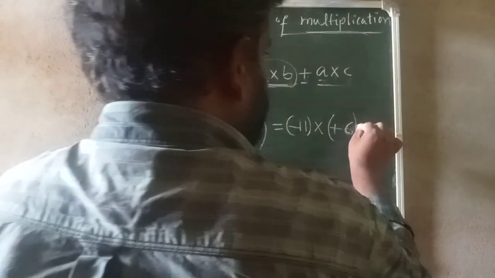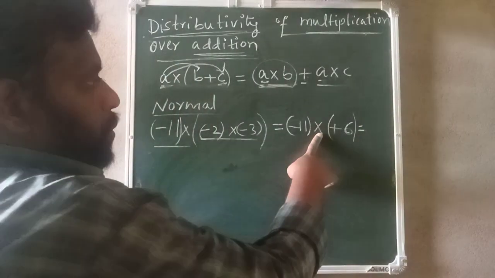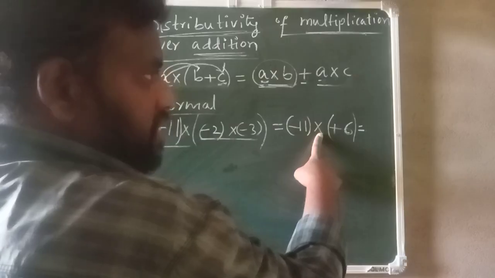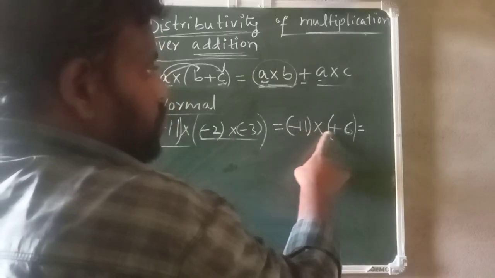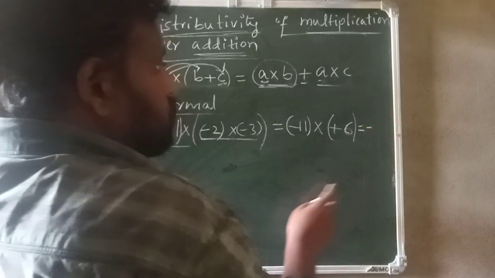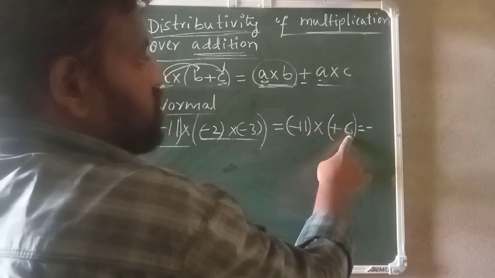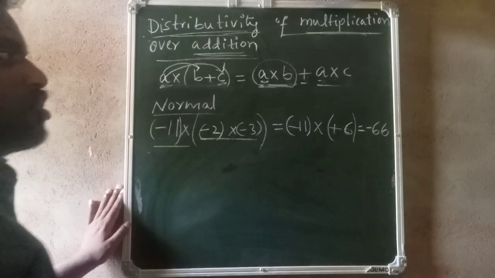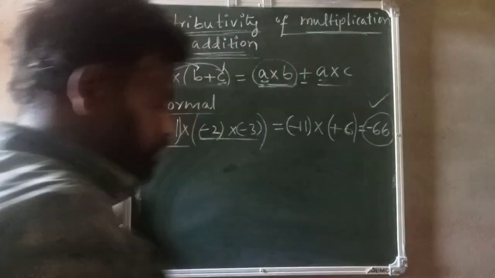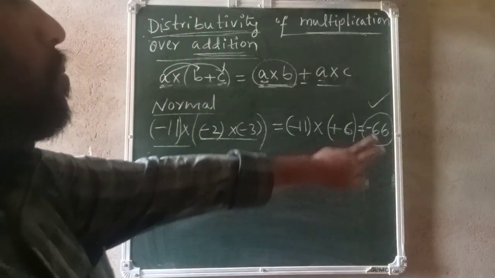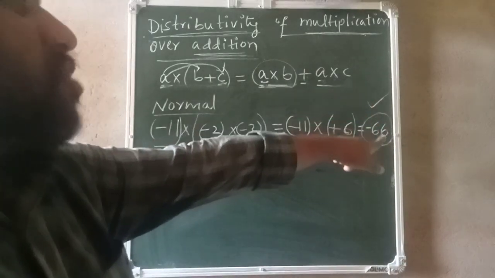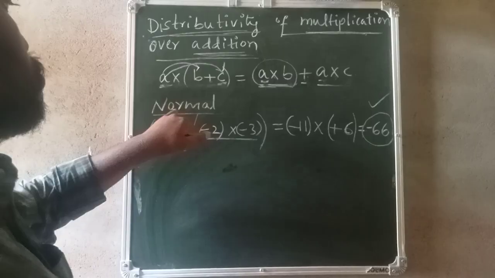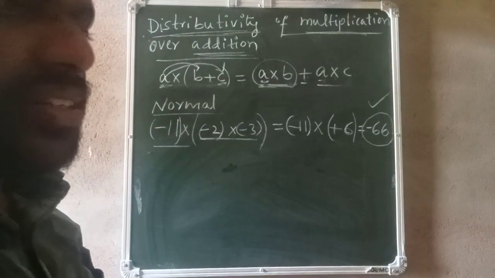Now into is there, first multiply the signs. Minus into plus is minus. 11 into 6 is 66. So we got minus 66 as the answer using normal multiplication.